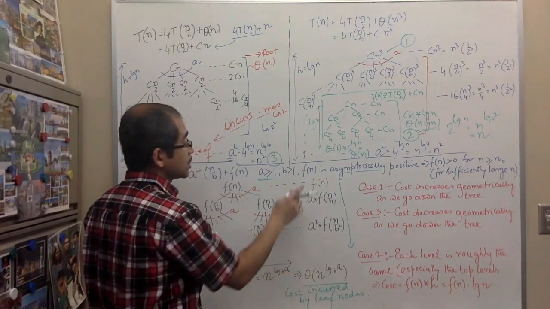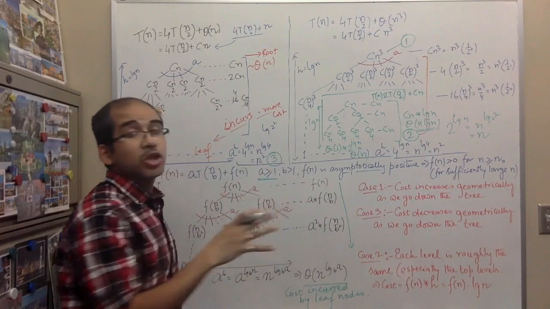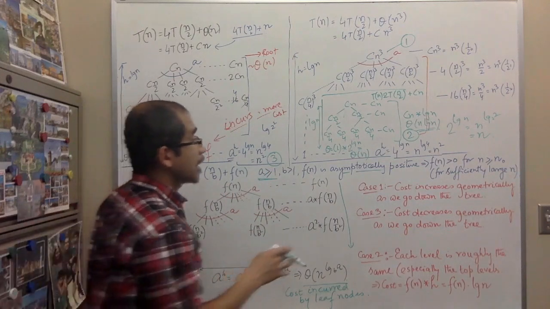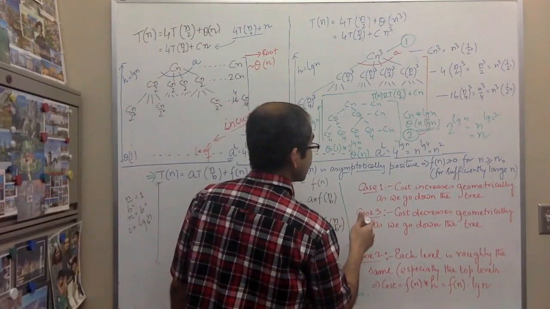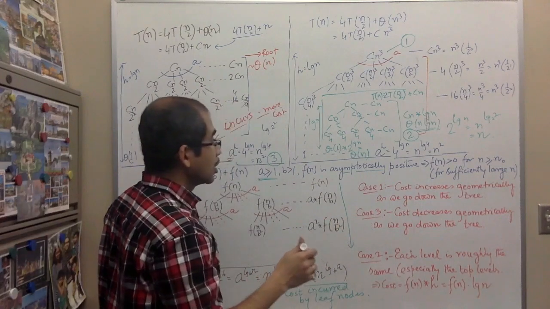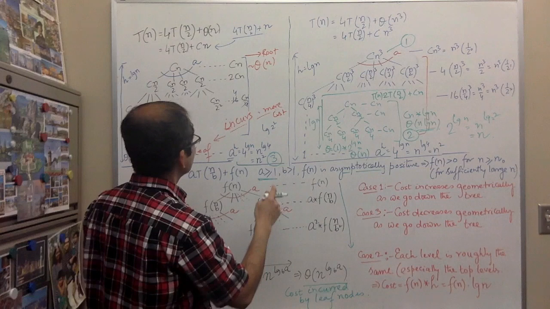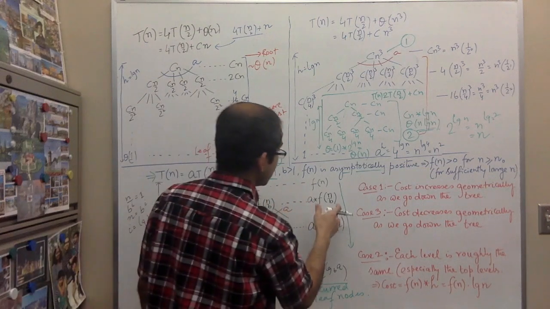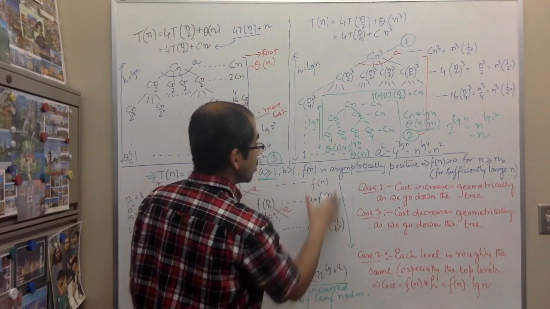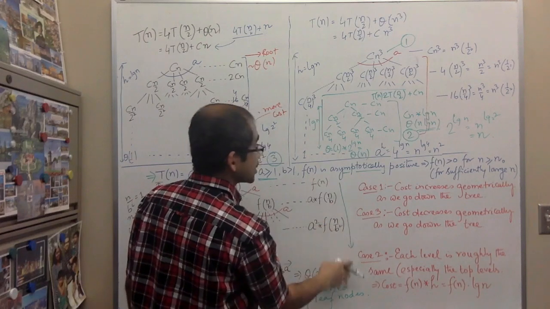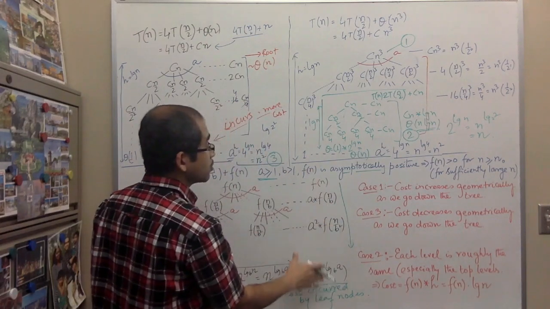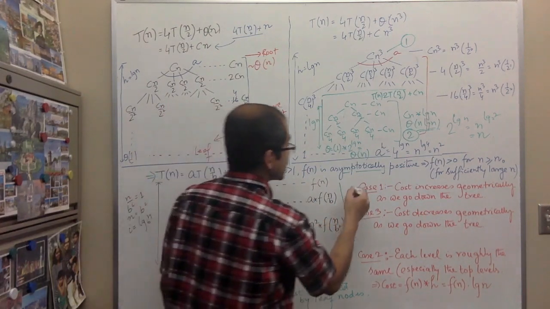In that case, the root will be the major contributor of the cost. Now let's consider where the cost increases when we go down from the root to the leaf. That is case one.